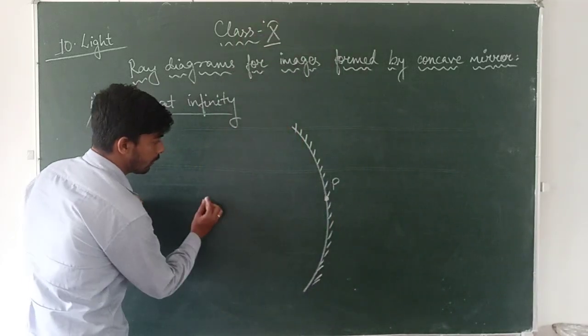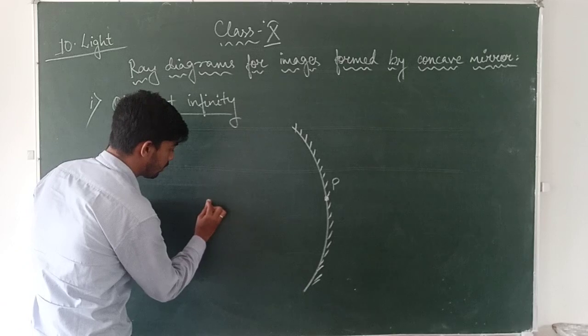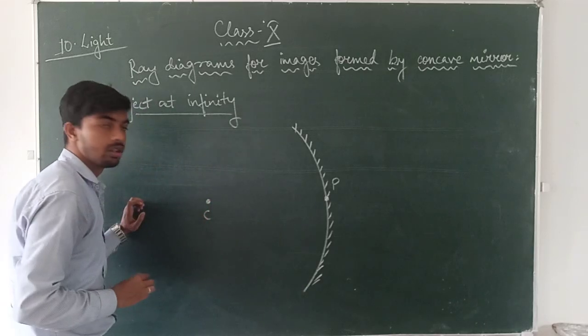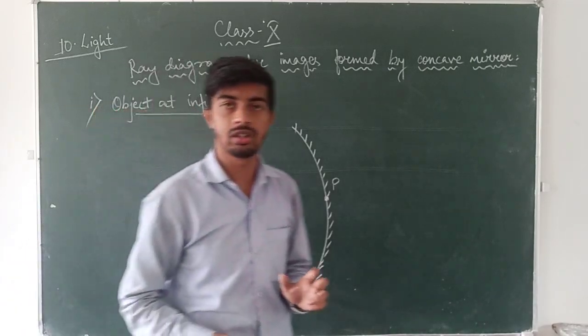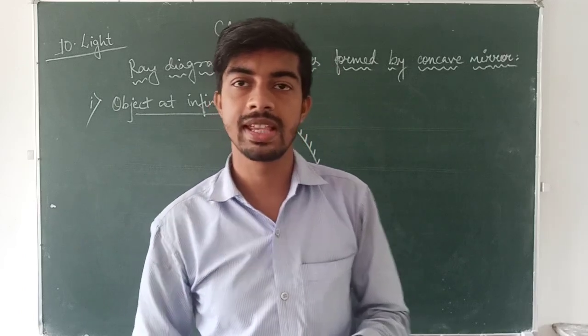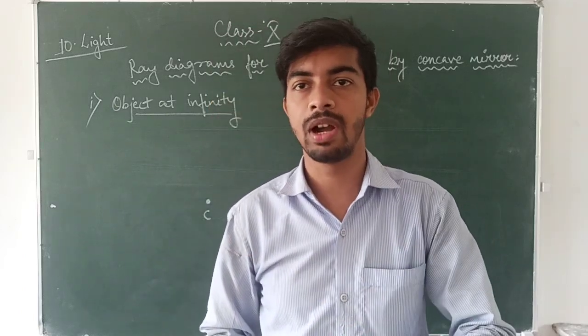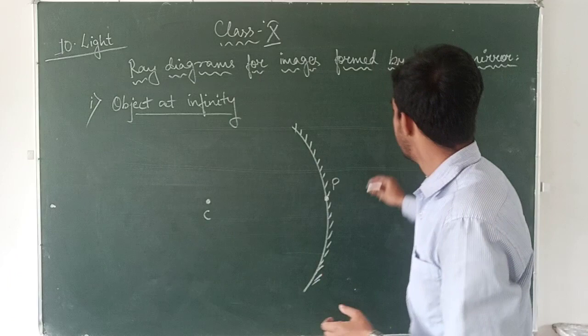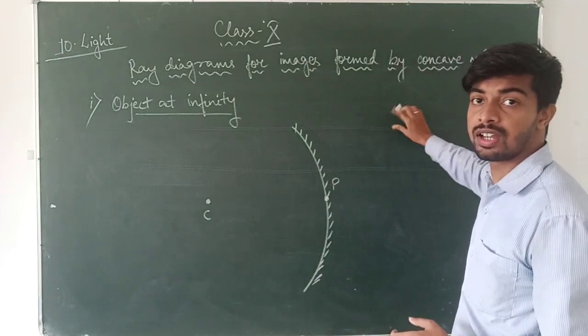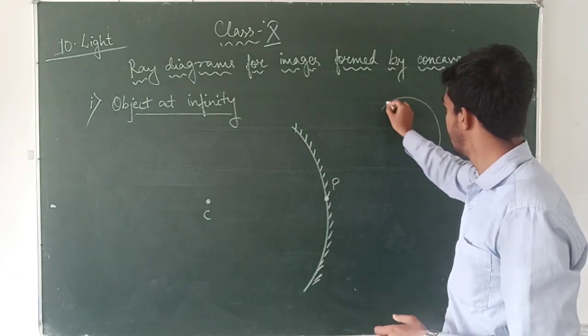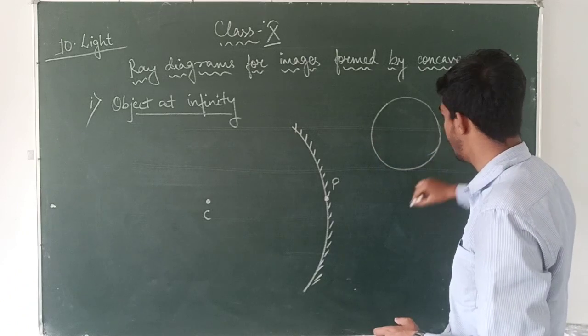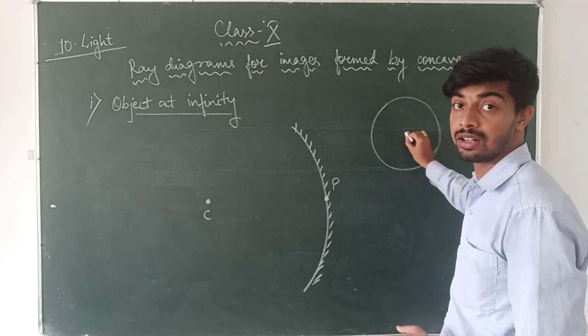Then here we will have a point C, which is basically the center of curvature. Center of curvature means the center of the spherical part of a mirror. If I draw a sphere or a circle using a compass, there I will get a center.